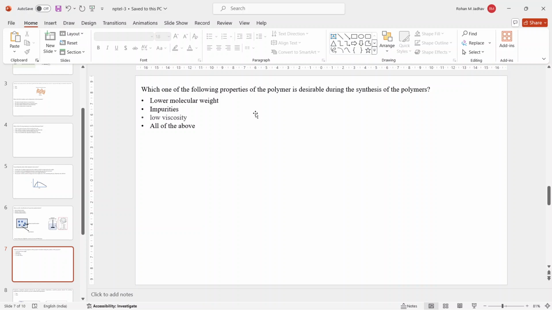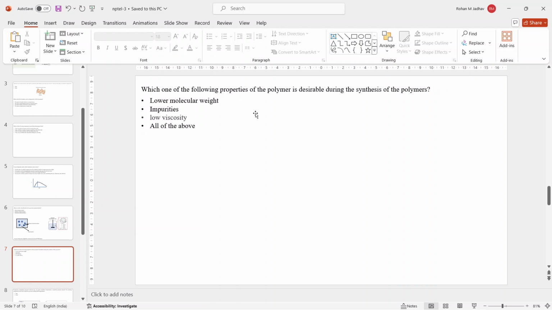But if that is the need of your application, it can be one of them. So it's quite a subjective term, but in the majority sense, you can tell that the lower molecular weight is undesirable.